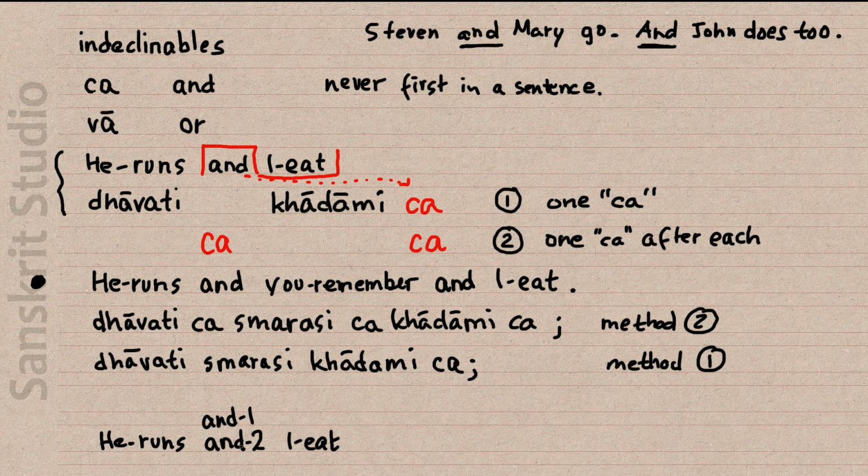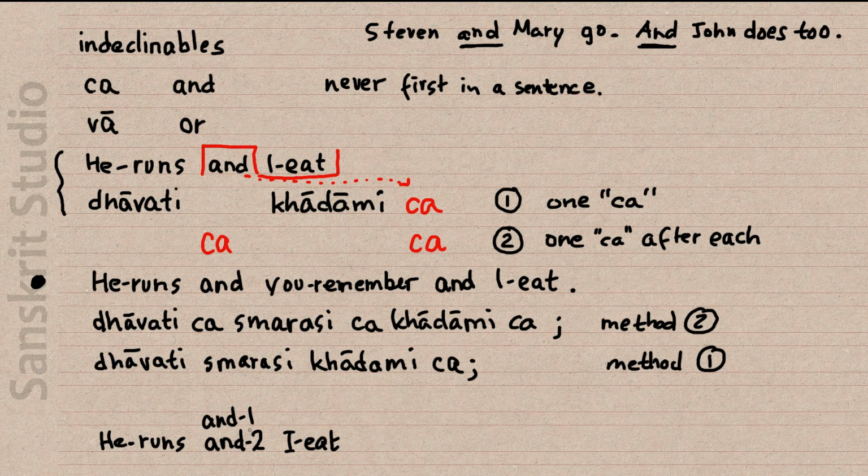It's on the limit for reading, and all these digits with the text make it a little problematic. But it would be good to sort of switch here. So if I say he runs and two, I eat, then you would know that I'm requesting method 2 here.